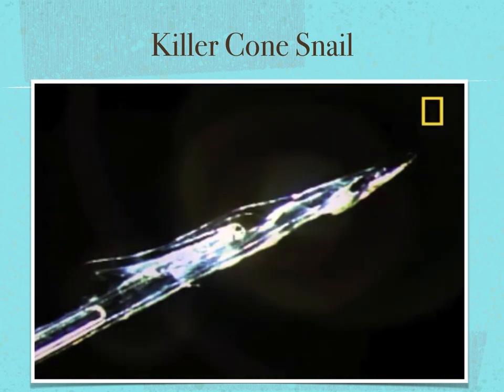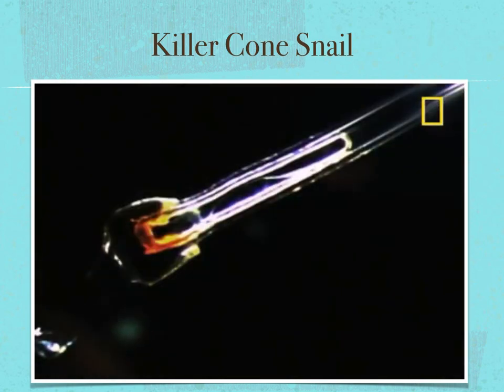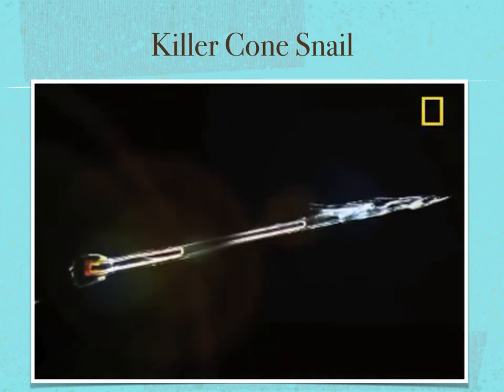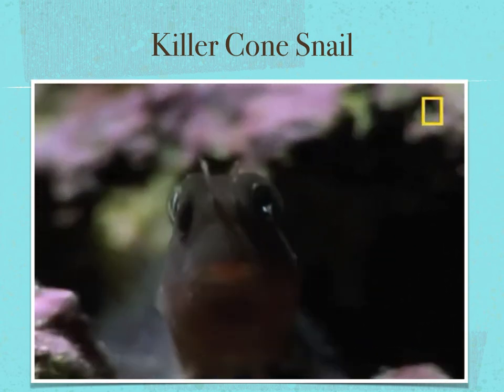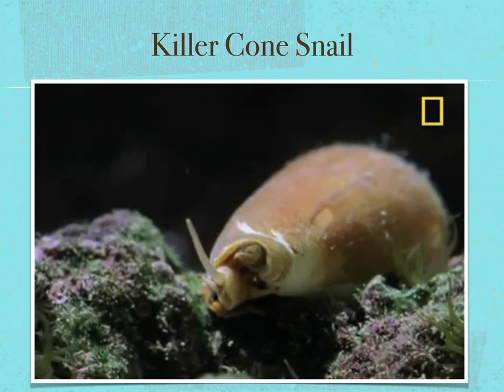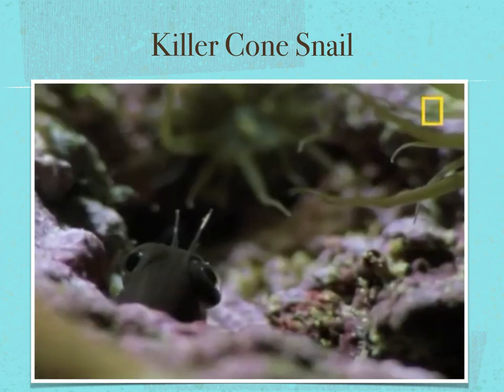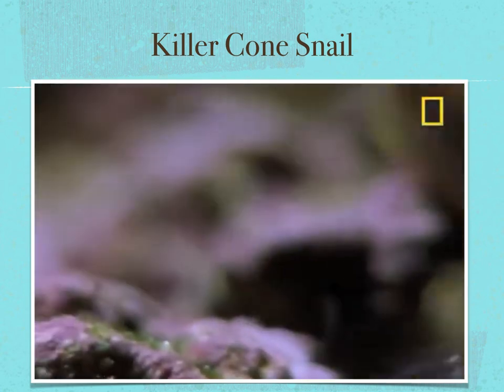Concealed within the tip is a lethal weapon. A harpoon loaded with a neurotoxic mix so complex there is no antivenom to thwart it. It's armed with at least 100 different toxins, more than any other creature.